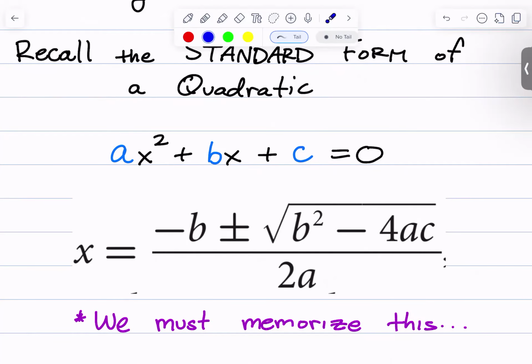The most difficult part about this is to plug it in and to simplify, which we'll practice in this lesson. The best way to know this is just to memorize it.